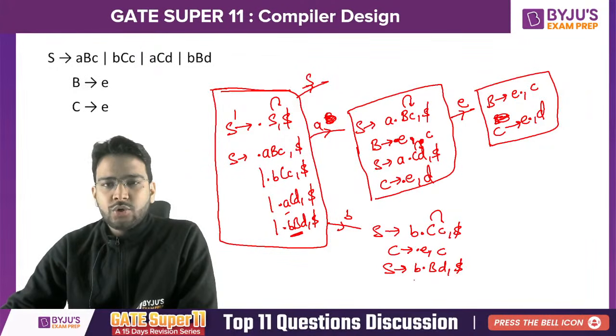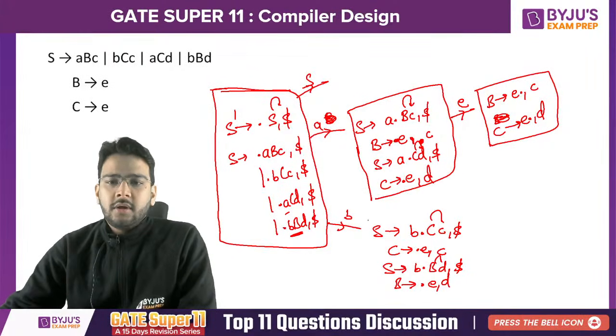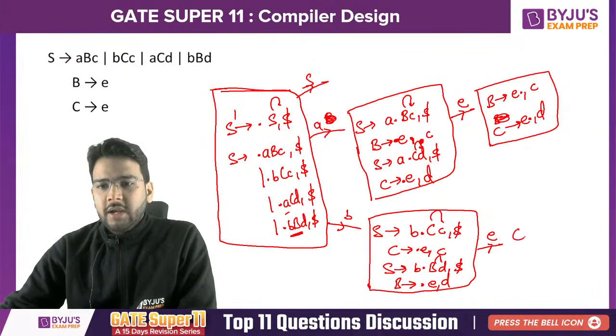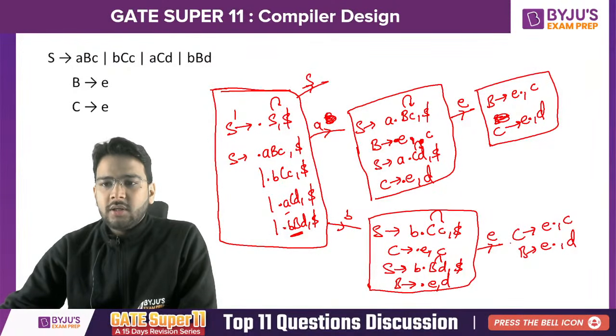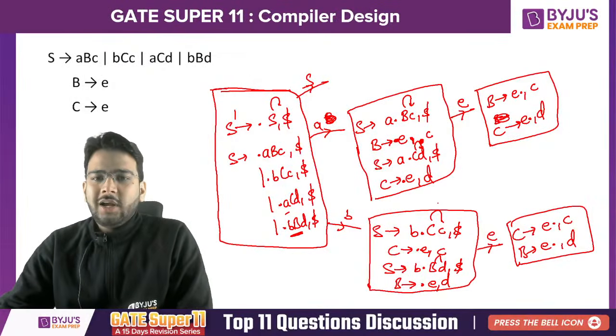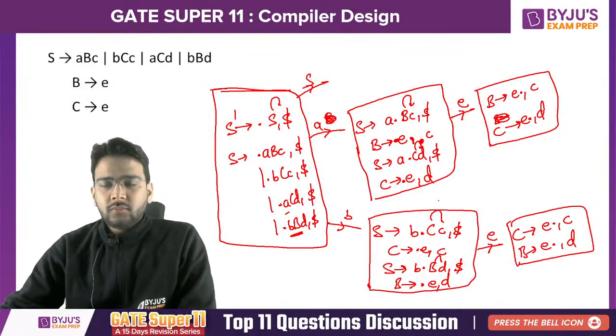You have to find the closure of B. So B derives dot E. Follow of B is D. So you will be getting this. Right? This is another state. Now on E transition, we can see I will be getting C derives E dot comma C, and B derives E dot comma D. Right, further you can make it, but you won't get any conflicts.